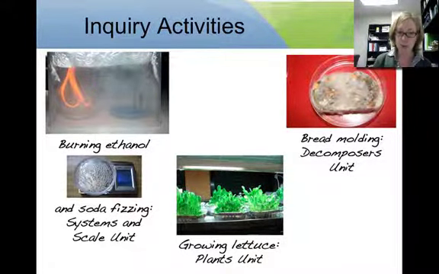And then in the decomposer unit, students make some moldy bread in petri dishes and then see that the overall bread and mold system loses weight, even though there's all this new gross stuff growing in the petri dish. And of course, then the BTB turns from blue to yellow when the moldy petri dishes are in a chamber, so it's also doing cellular respiration.